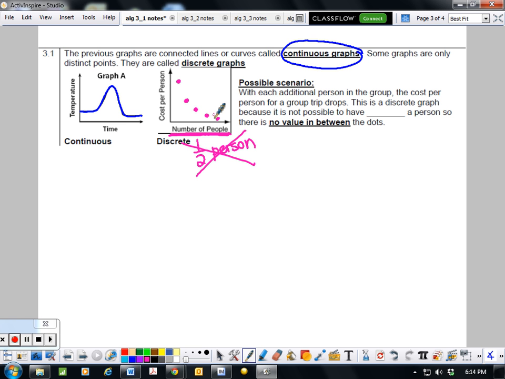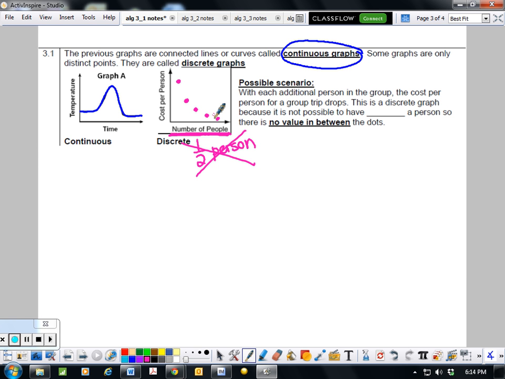And you might find that true if you were going on vacation, that the more rooms you're booking, the price per room drops because they want to reward you with that more business. So with each additional person in the group, the cost per person for the group trip drops.